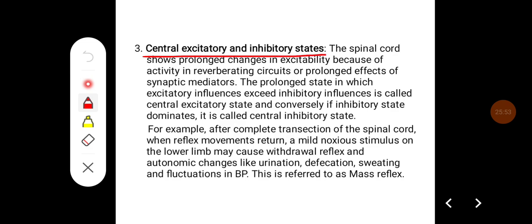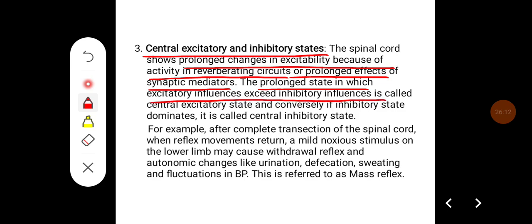Central excitatory and inhibitory status. The spinal cord shows prolonged changes in excitability because of activity in reverberating circuits or prolonged effects of synaptic mediators. The prolonged state in which the excitatory influence exceeds the inhibitory influence is called the central excitatory state, and conversely, if the inhibitory state dominates, it is called the central inhibitory state.